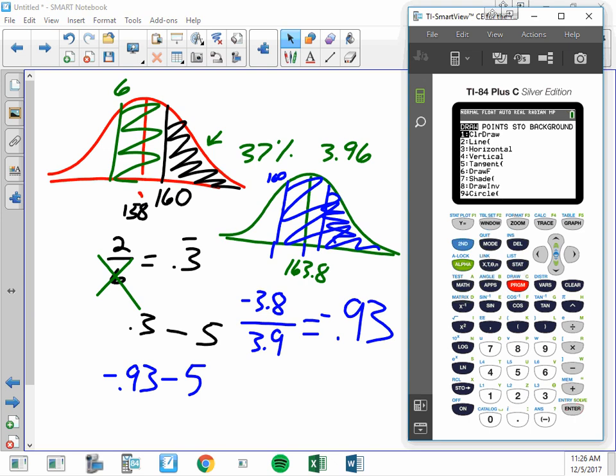So let's clear the draw, and we'll go. It's not going to be 38. It's got to be larger. Right, so it's got to be larger than 37, and it's over 50%.